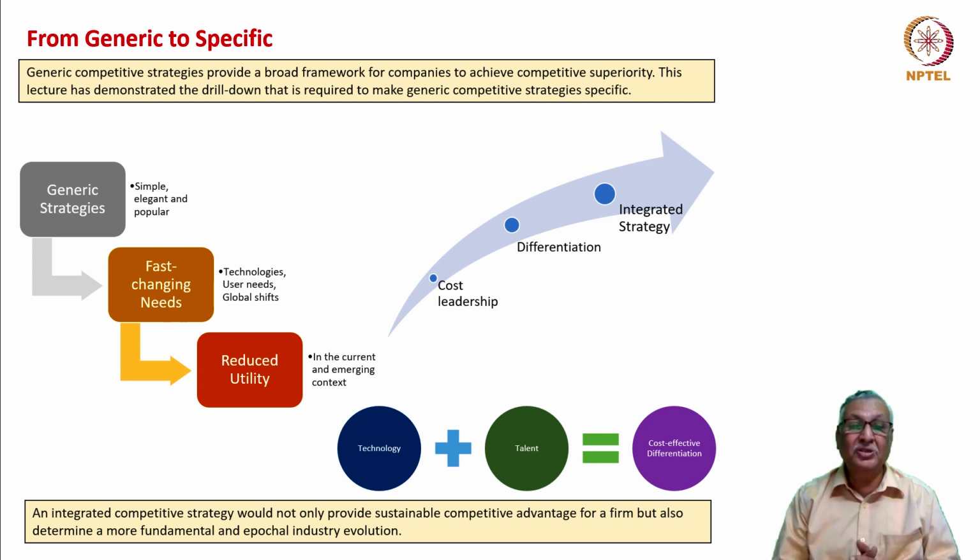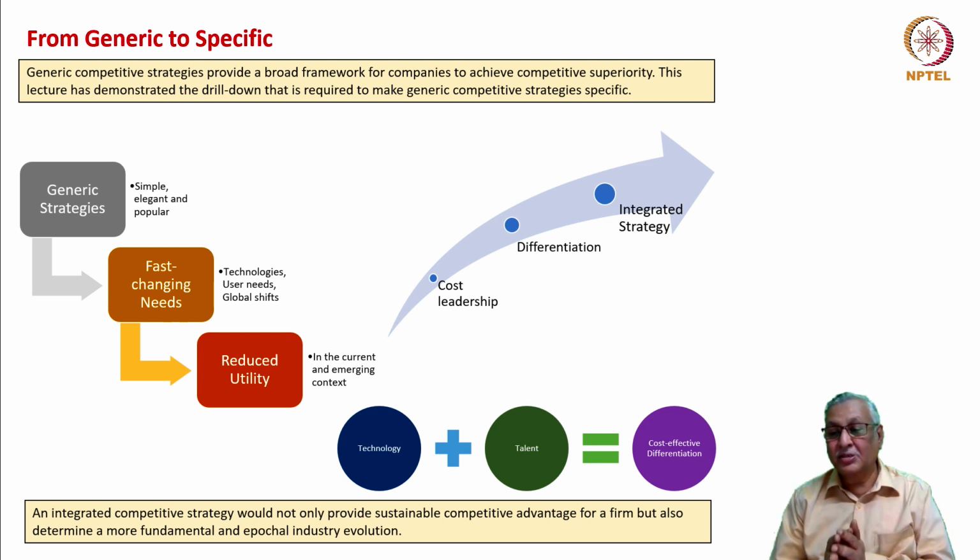And to be able to do this combination, which is conceptually elegant, analytically feasible, and in terms of implementation, commercially possible, we should have a right combination of technology and talent. Then we will have cost-effective differentiation.